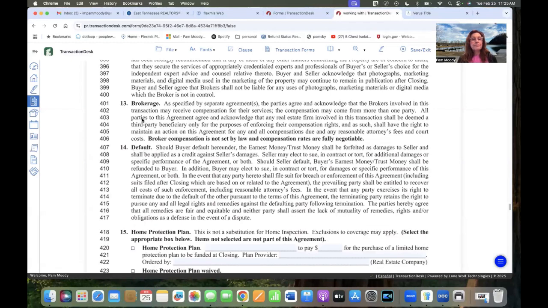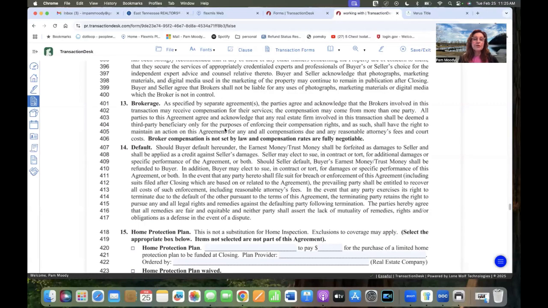Brokerage. As specified by separate agreement, the parties agree and acknowledge that the brokers involved in this transaction may receive compensation for their services. The compensation may come from more than one party.